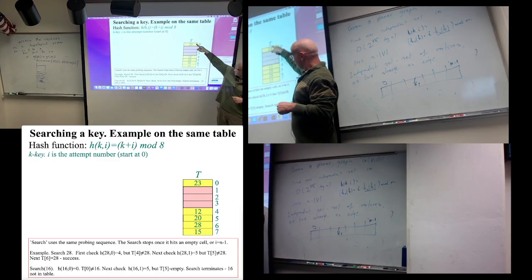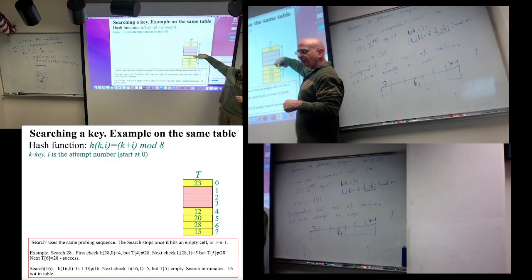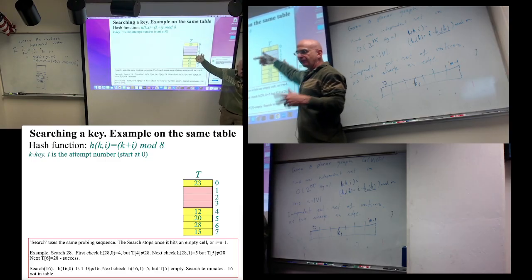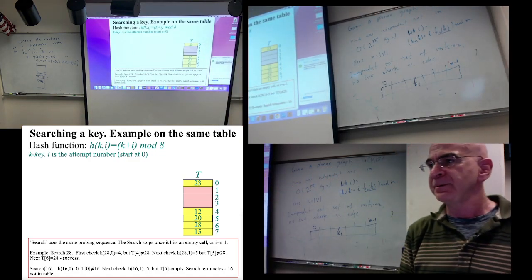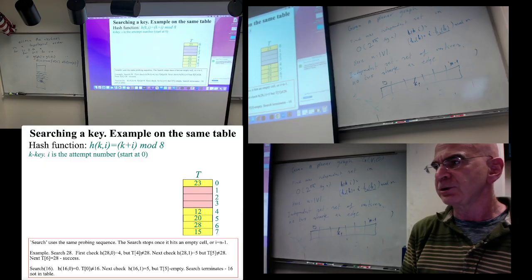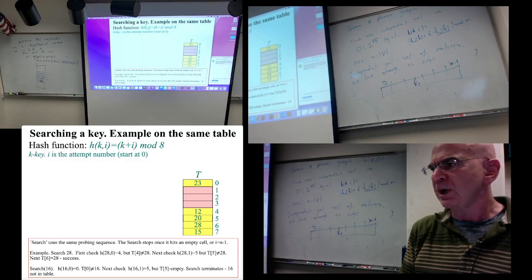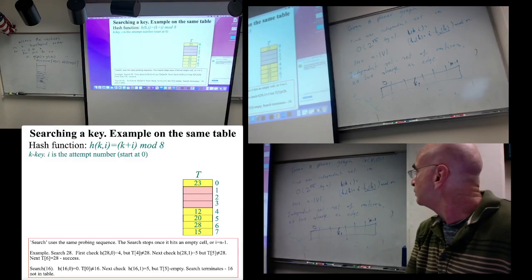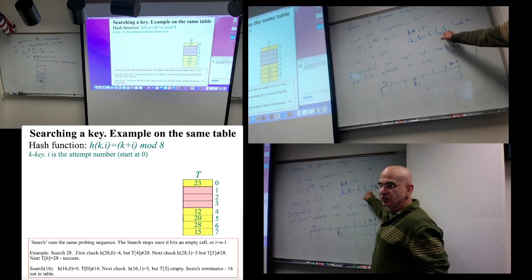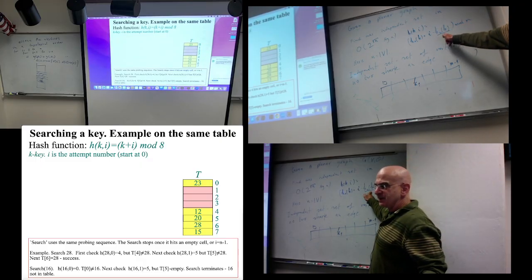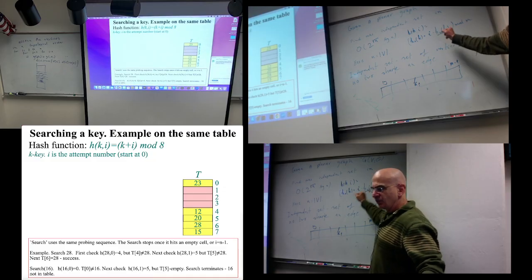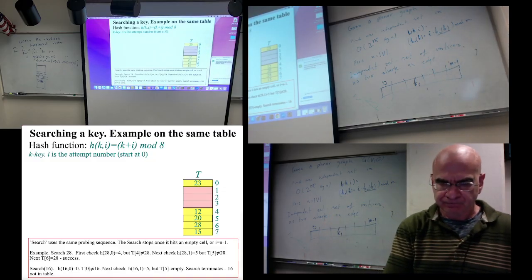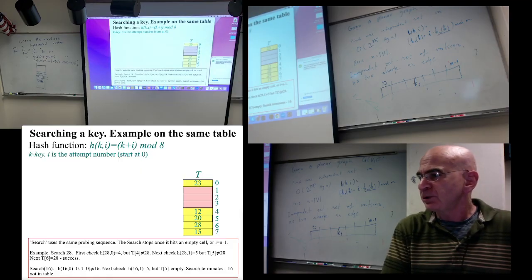And if this is occupied, then I'll jump back to location 4, and then to location 0, and location 4, and location 0, and then I'll give up and claim that the table is full, even though it's not. Makes sense, right? Why we want h2 first to be different than 0, and secondly to not be a divisor of m. And one way to obtain it was to pick m as a prime.